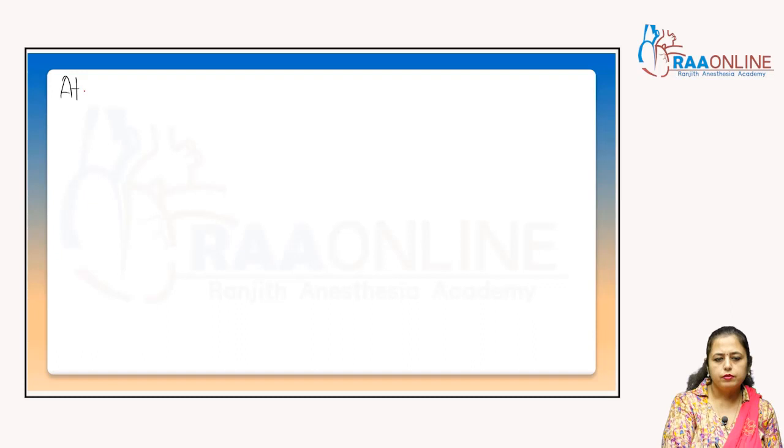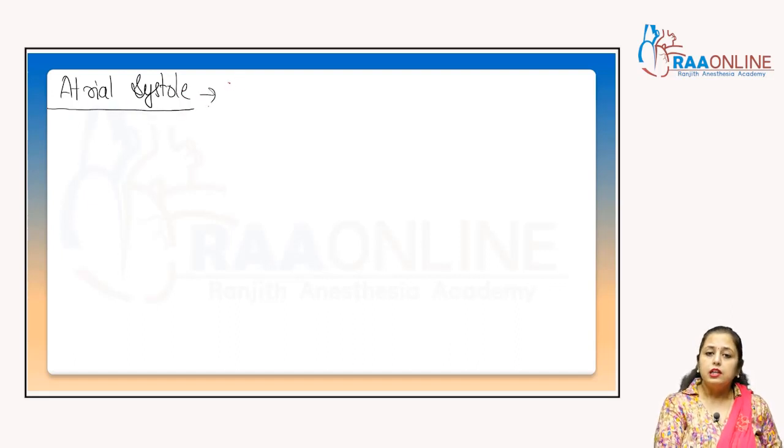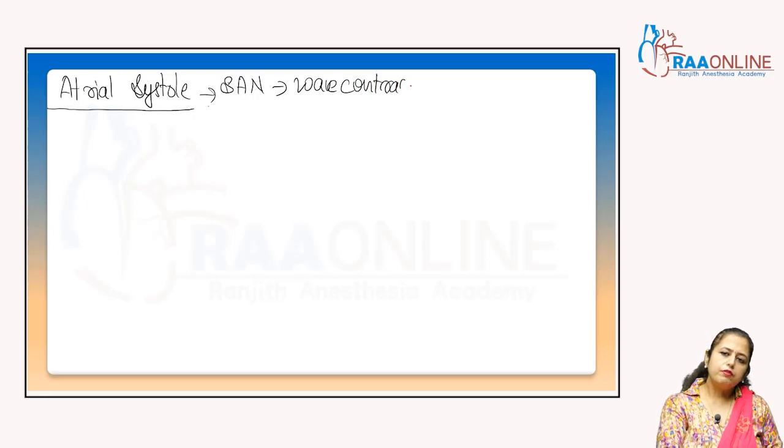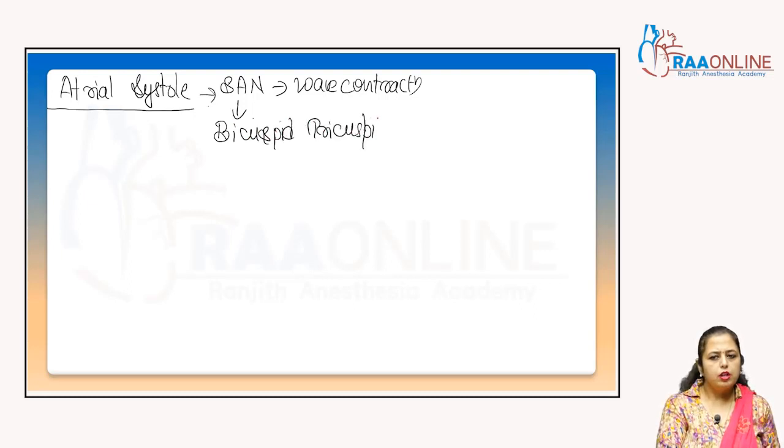Now come to atrial systole, what will happen? In atrial systole, the SA node generates a wave of contraction. By the contraction, the bicuspid and tricuspid valves open, and blood fills into the ventricle.